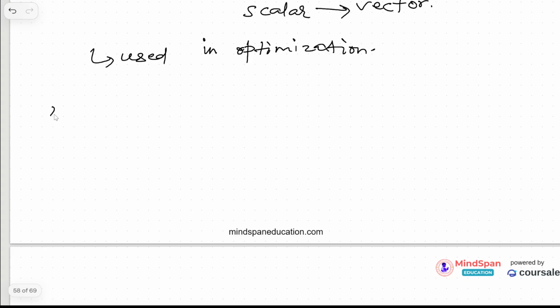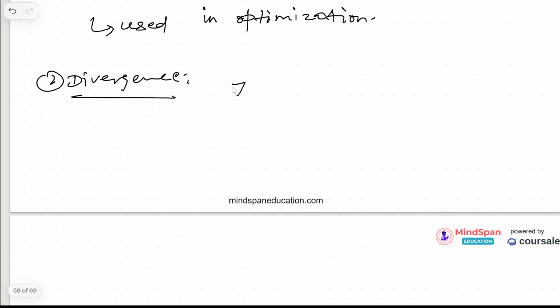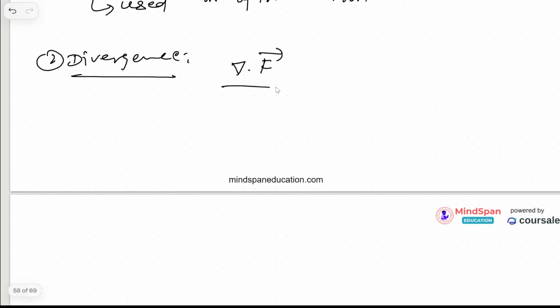Similarly, there is one more called divergence. What does this divergence do? It calculates the dot product with a vector. This is the set of the partial derivatives, means del by del x.